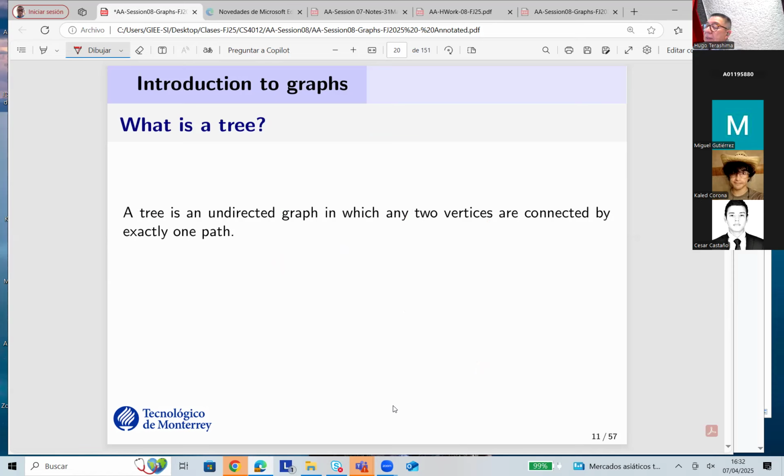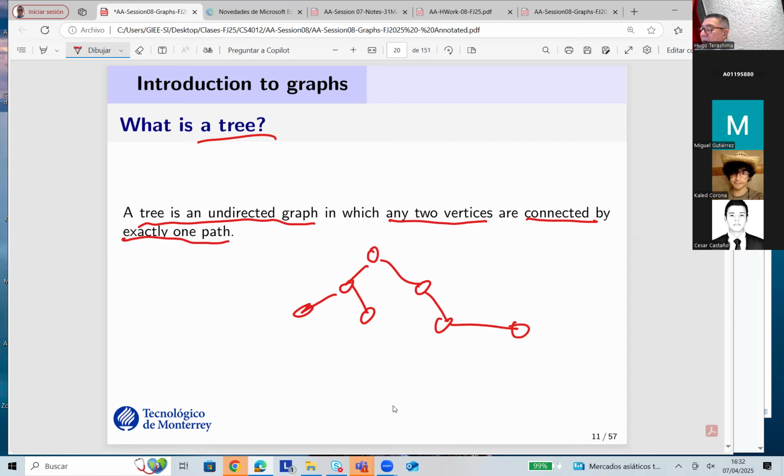Then a tree is an undirected graph in which any two vertices are connected by exactly one path. So this is the case of a tree. Is that a tree?